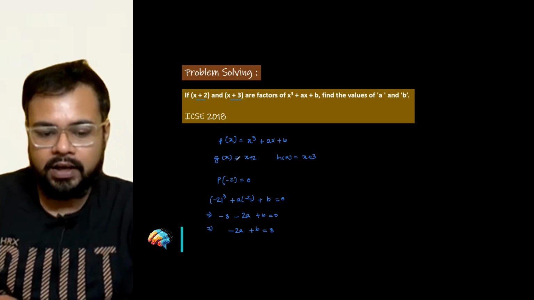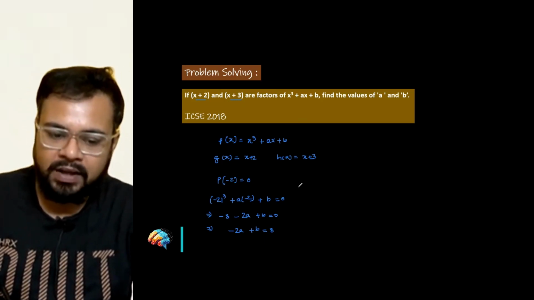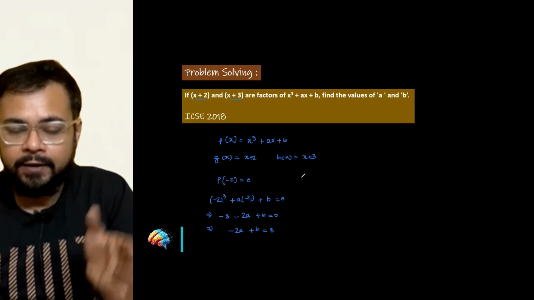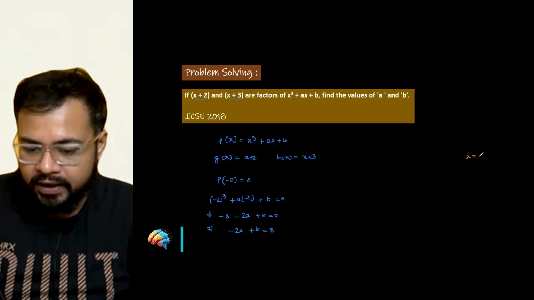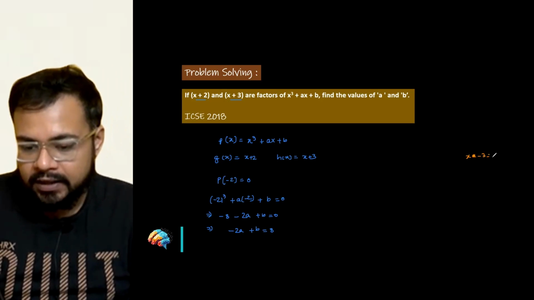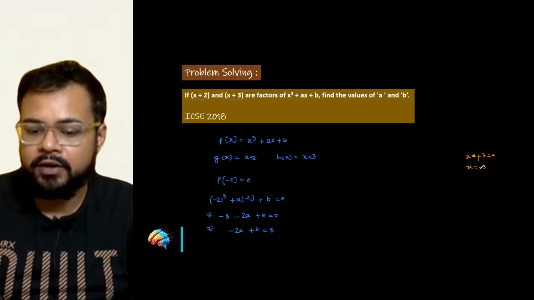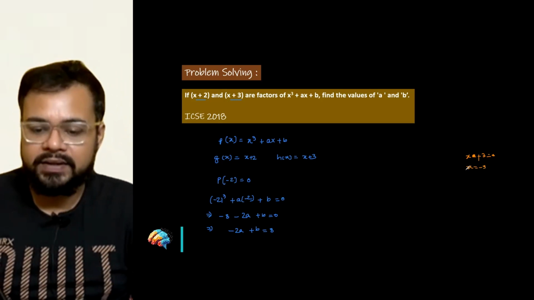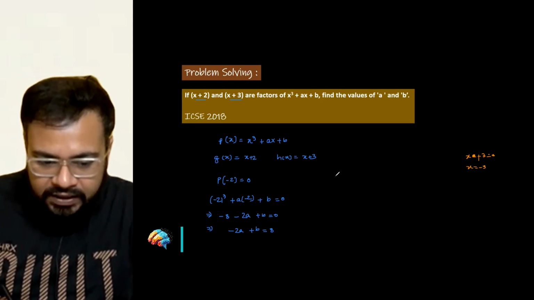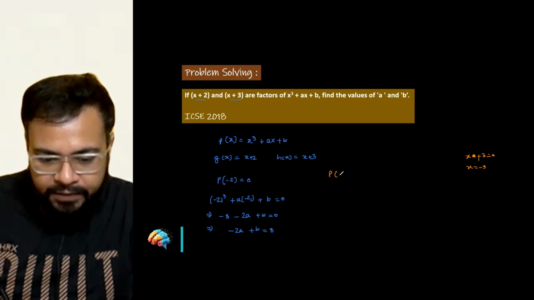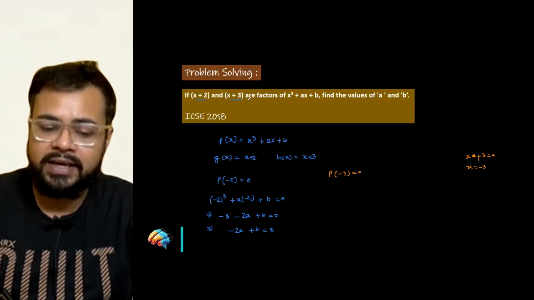Let us look at the other condition given. h(x) is also a factor of P(x). So comparing that h(x) with x minus a, we know how to compare. We will just simply equate x plus 3 is equal to 0. So x is equal to minus 3. Now we know that a's value is minus 3. So using the factor theorem, P(minus 3) must be equal to 0 because it is given that x plus 3 is a factor.